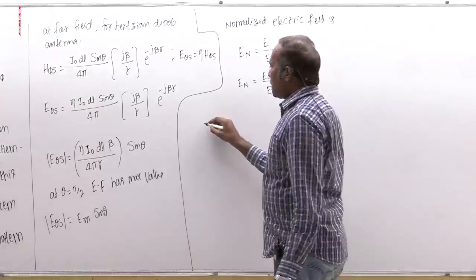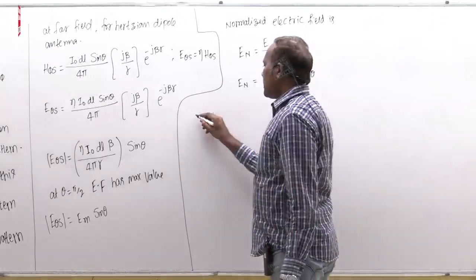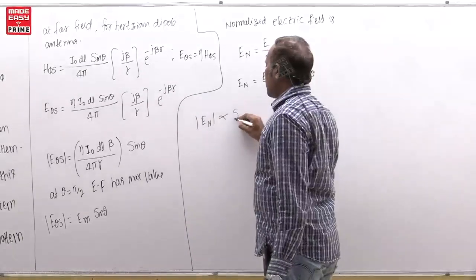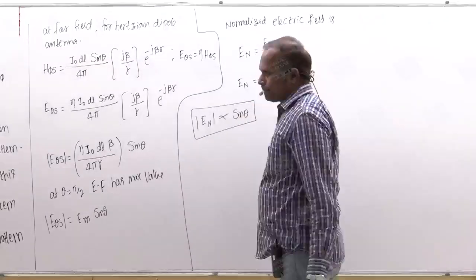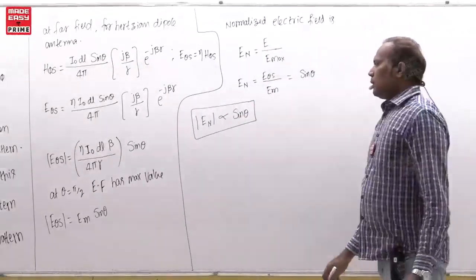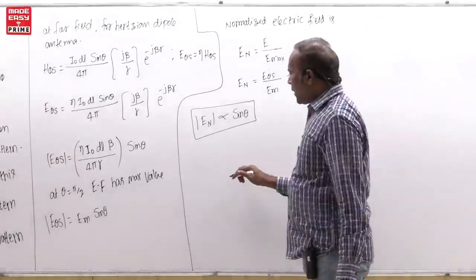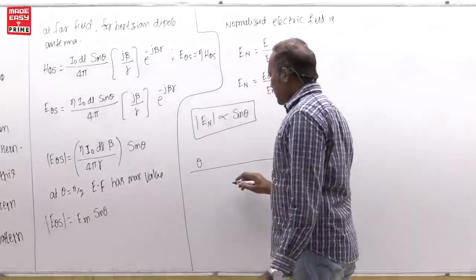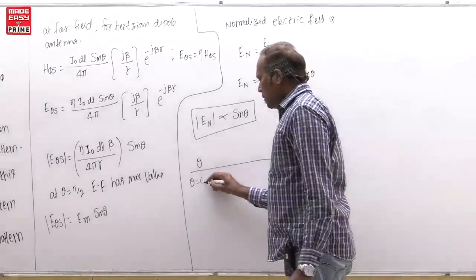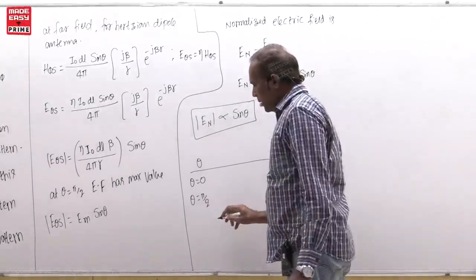Now, what is important is normalized electric field magnitude is proportional to sin theta, right? For a Hertzian dipole. Now you take different angles, theta is equal to 0 angle, theta is equal to pi by 2 angle.